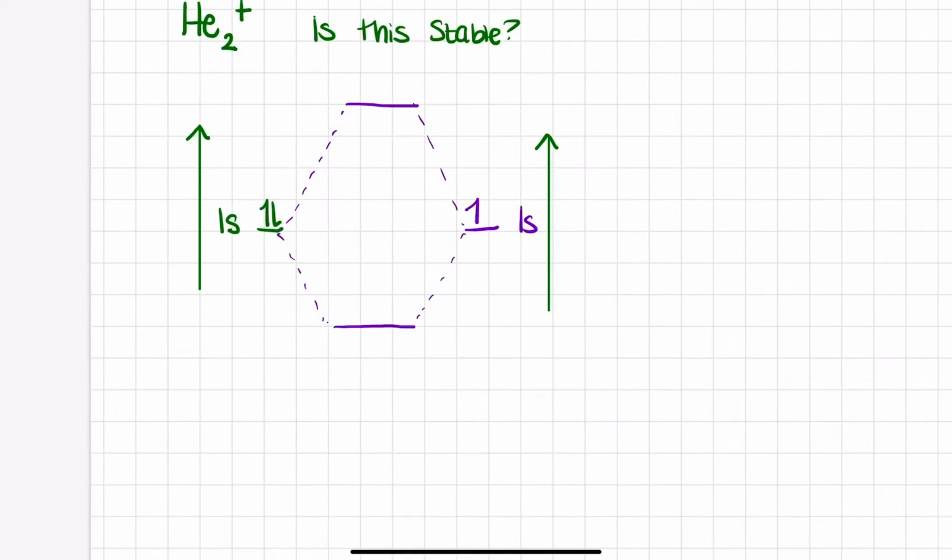S orbitals only form sigma. So I've got sigma and sigma star. This is sigma from a 1s, sigma star from 1s. Sigma star means anti-bonding. Just sigma means bonding.